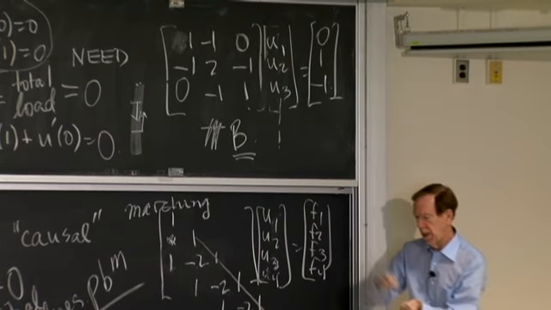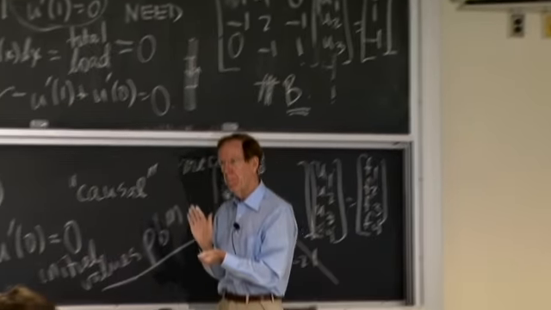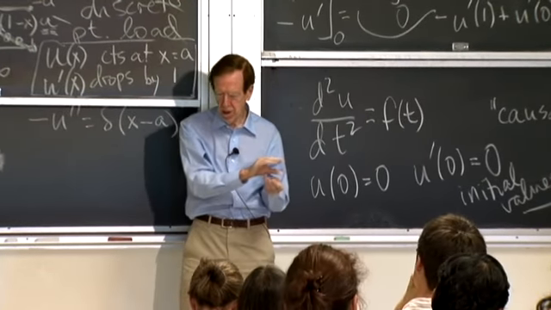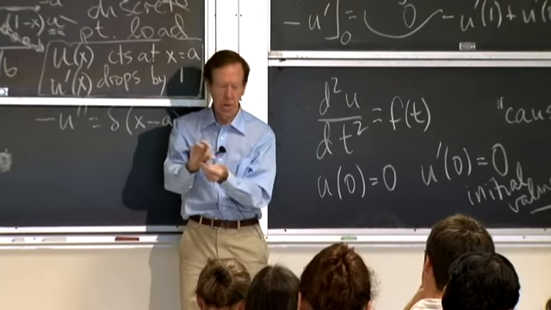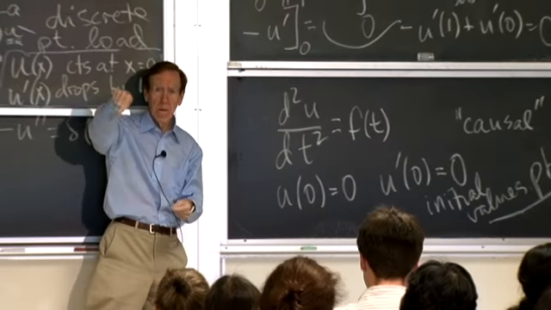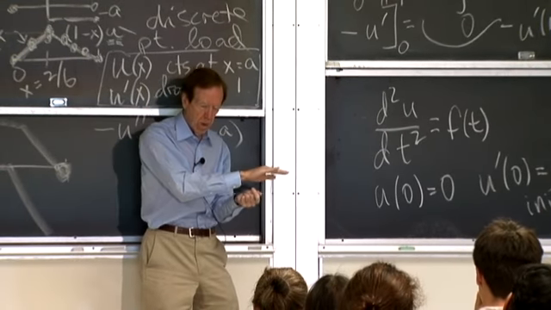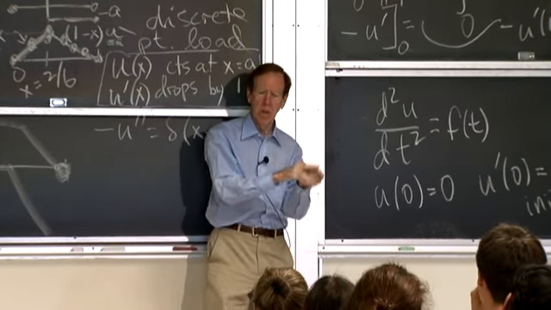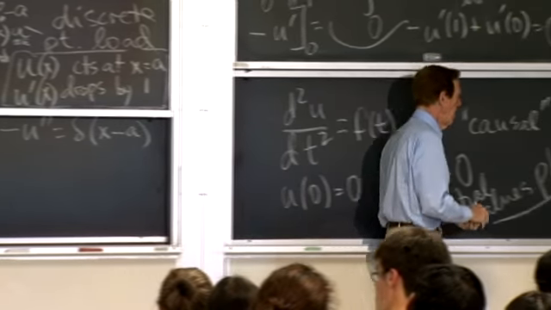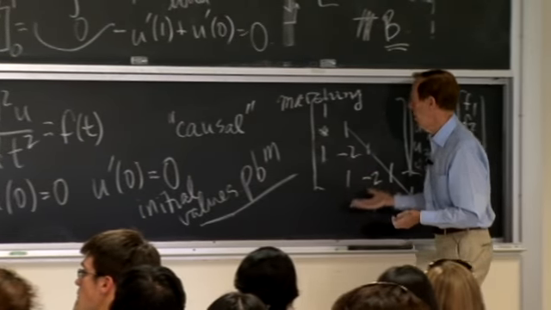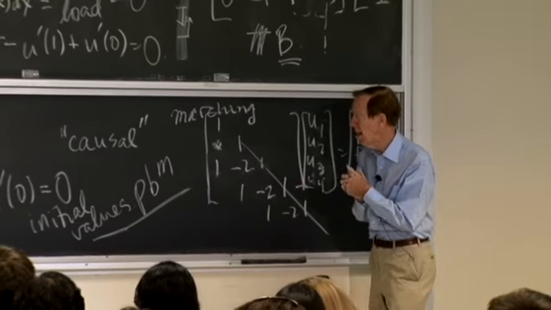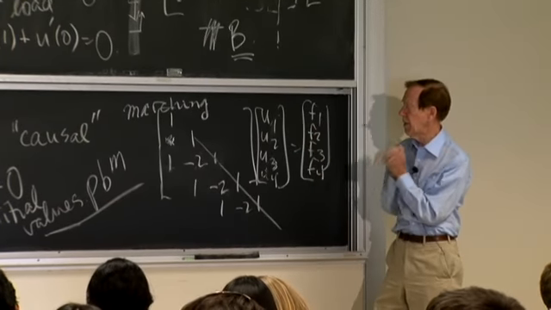It's more like a hitting problem. We start marching forward in our problems, but we have to hit the other end correctly. We don't know the starting slope. We know what we want to hit. Whereas in these problems, we're told how we start, and we just follow it in time. Yeah, so that's the difference here.